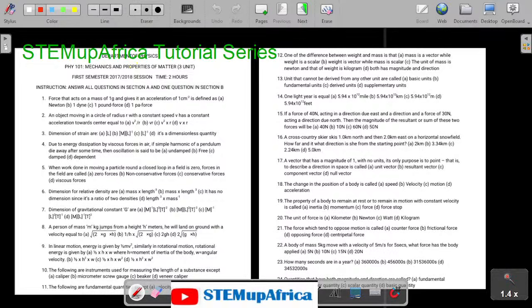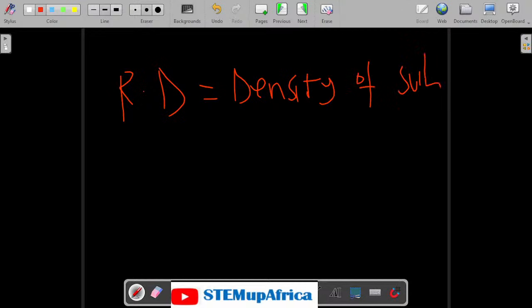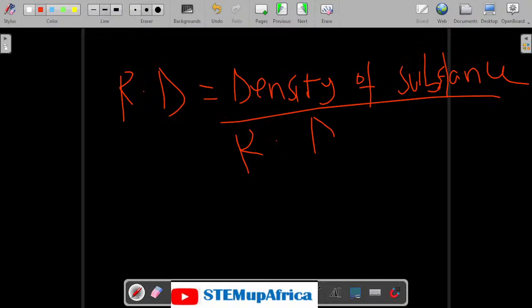Relative density is the density of a substance divided by the reference density.